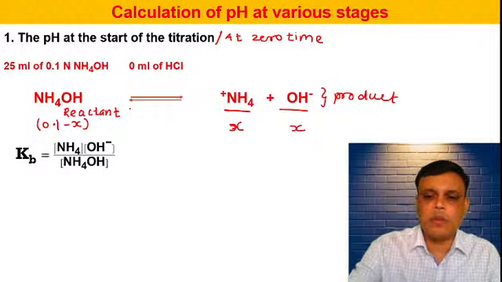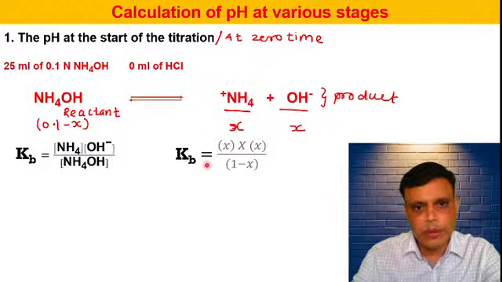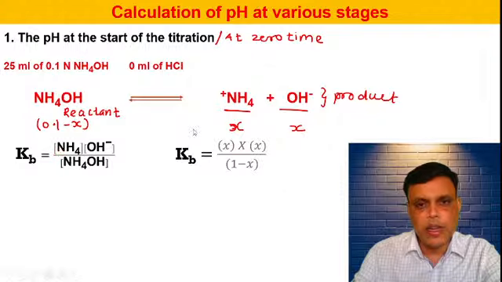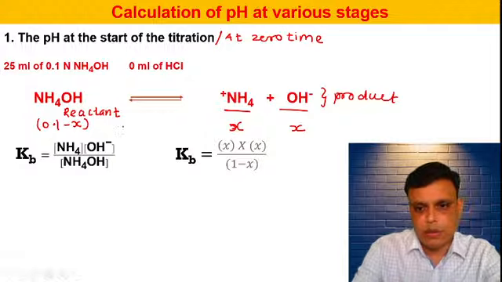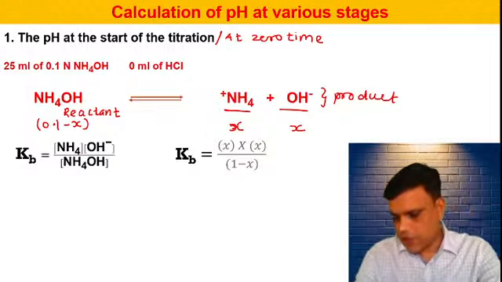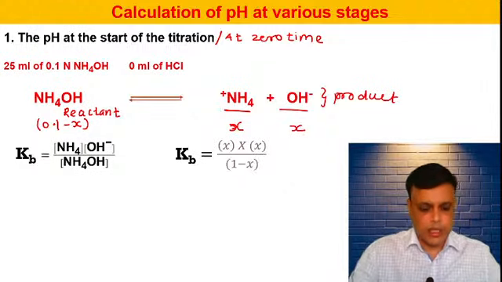Okay, so we will just put this value in this equation. You will get Kb is equal to x, that is the concentration of ammonium cation, into x, that is the concentration of OH minus ions, divided by the concentration of ammonium hydroxide, that is 0.1 minus x. First let me check whether this is correct, the 0.1.